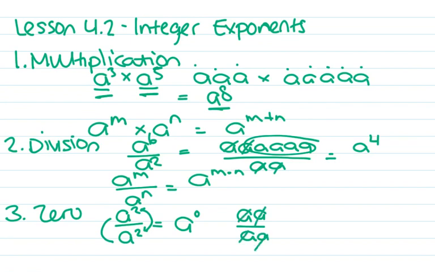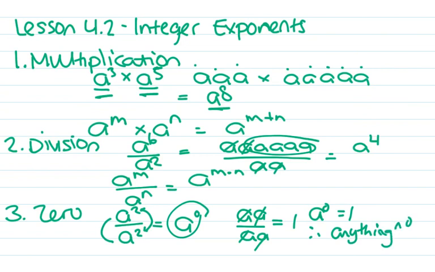I can cancel out all of those a's, which would leave me with 1, because anything divided by itself is 1. But it also equaled a to the power of 0. So, a to the power of 0 equals 1. The rule here is that anything to the power of 0 equals 1.